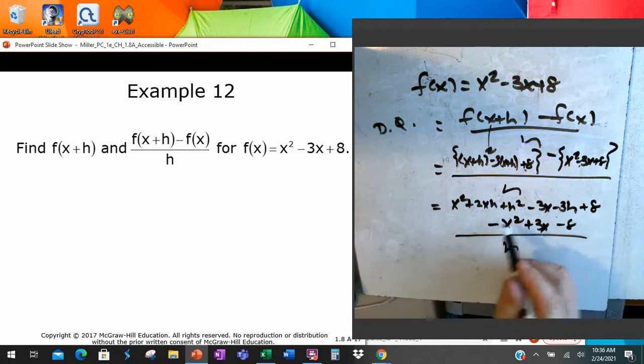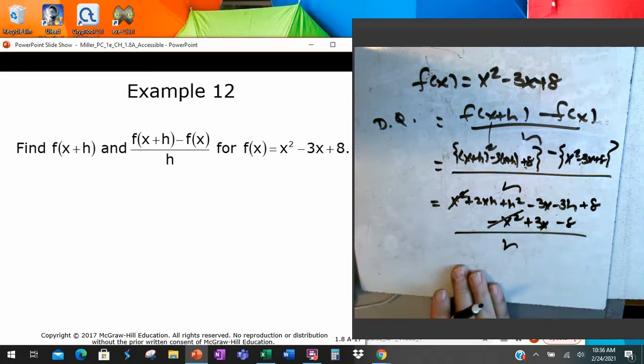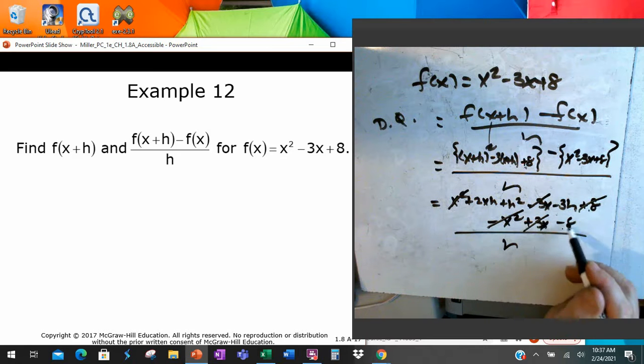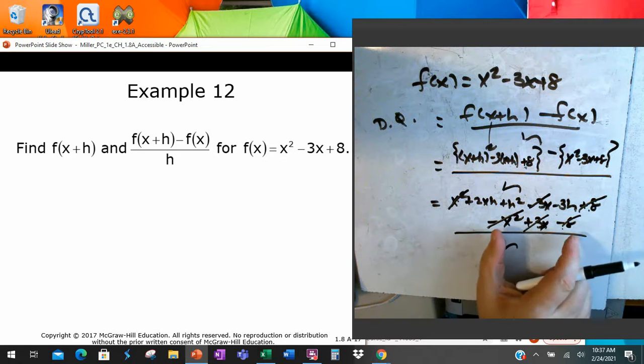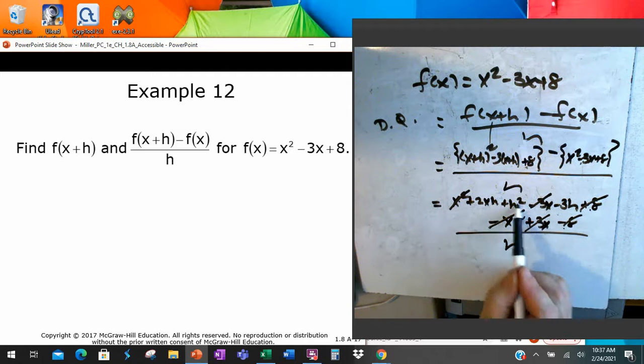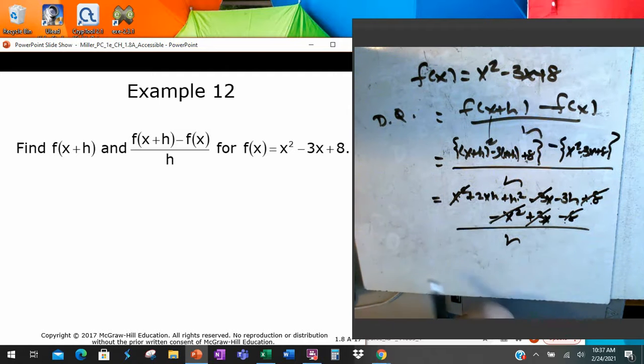And everything here, negative x squared with plus x squared, that goes out. Plus 3x minus 3x, that goes out. Negative 8 plus 8, that goes out. The original function has been subtracted out. Everything else, so this is my checkpoint, everything else should have an h in it.